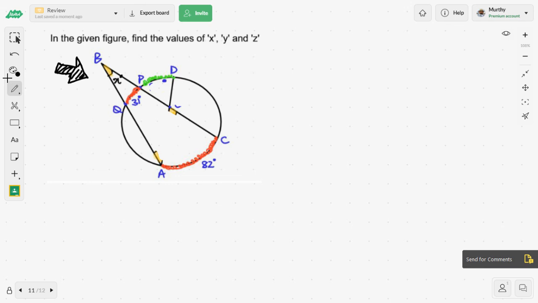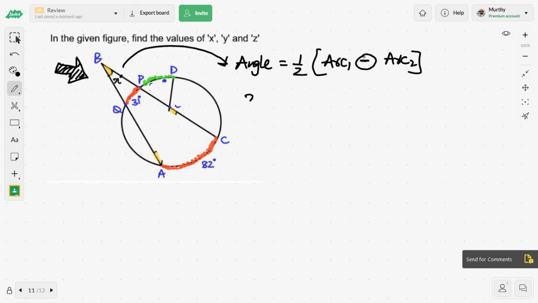And this is the external angle, that means the angle formed outside the circle, right? Therefore, if it is outside, I remember that it is half of the measure of arc 1. Please remember, outside means you have to subtract arc 2. So x equals half of the measure of the long arc, otherwise you cannot subtract.